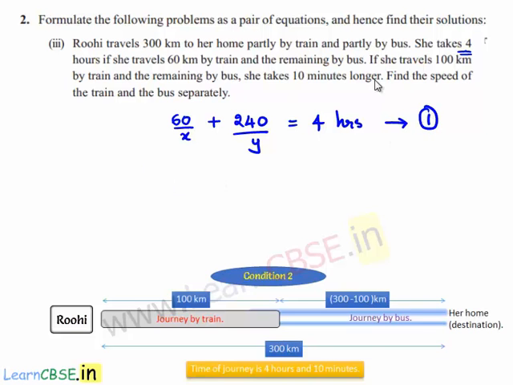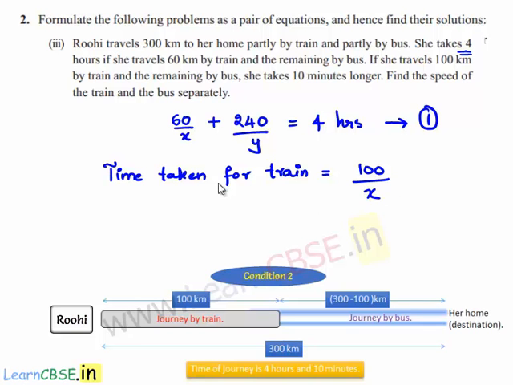Now applying the second condition, which is that if she travels 100 kilometers by train and the remaining by bus, she would take 10 minutes longer. So in the second case, the time taken for train is equal to 100, which is the distance travelled, by the speed, which is x.